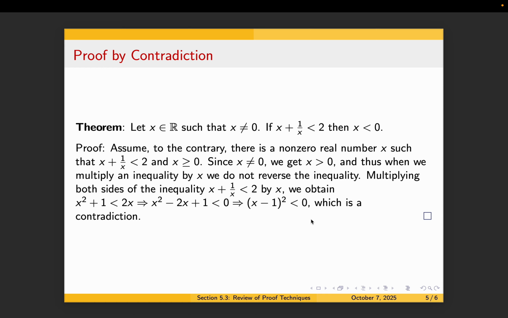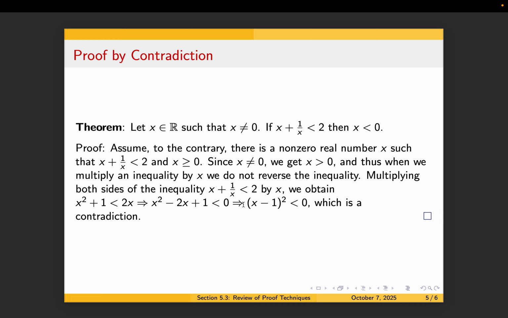And so here, one reason I wanted to show you this is here's another example where we reach a contradiction that's kind of external to the proof. Like we didn't explicitly contradict that x is 0 or bigger or something, right? We didn't explicitly contradict this. Like we didn't explicitly say, oh, it turns out that x plus 1 over x is bigger than 2 or something like that.